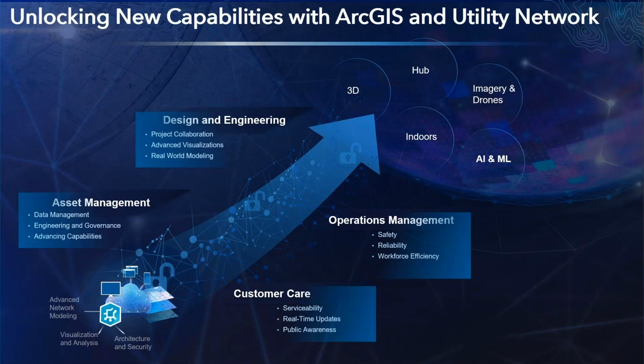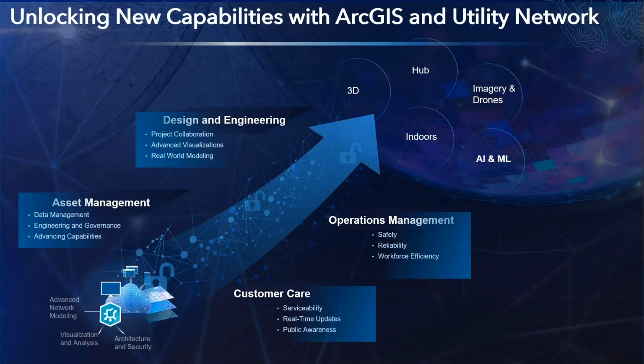And in the upper right, you see a number of emerging technologies. These include 3D, hub, indoors, artificial intelligence and machine learning, and imagery and drones. Together, these can be thought of as a 5th group. In the remainder of our time today, we're going to look more closely at the 4 grouped business areas.